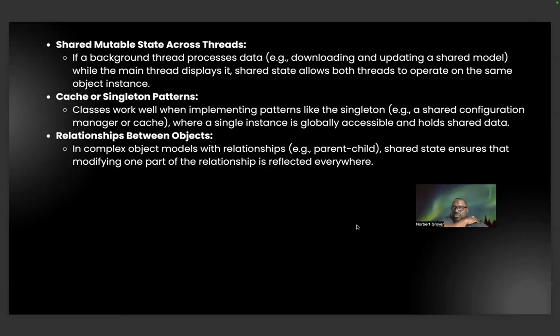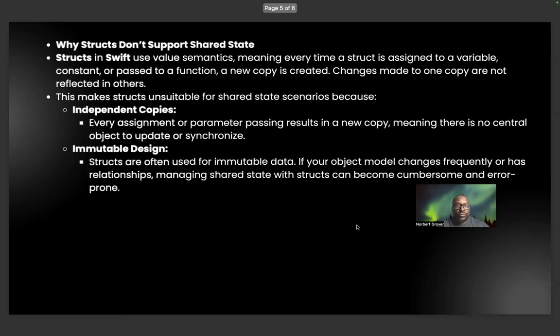Okay, so let's look at why structs don't support shared state. Structs in Swift use value semantics, not reference semantics, meaning every time a struct is assigned to a variable, constant, or passed to a function, a new copy is created. Changes made to one copy are not reflected in others.